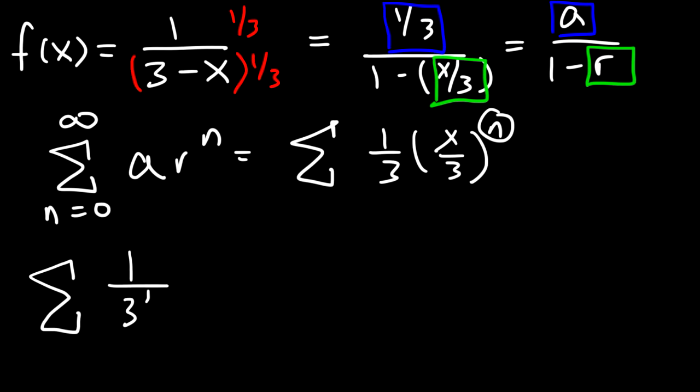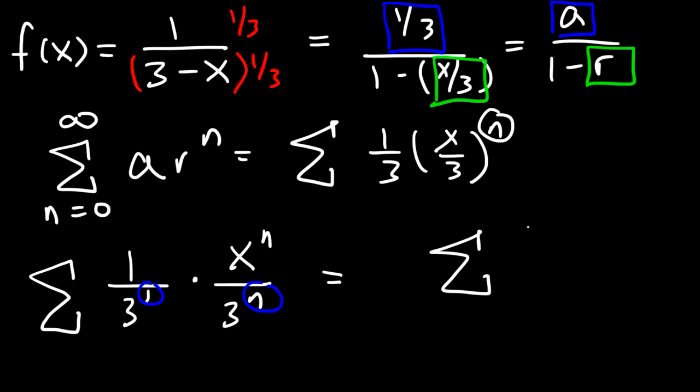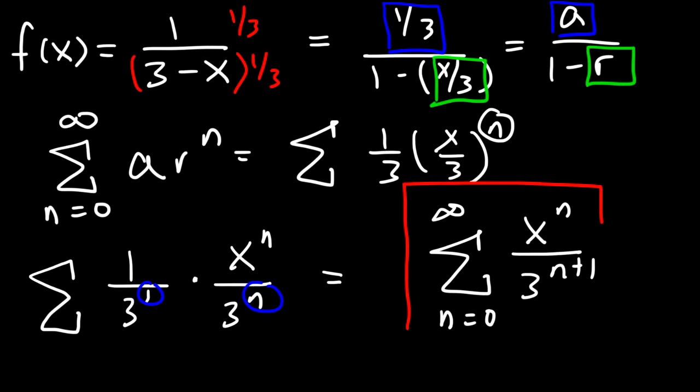And now let's distribute the exponent. So this is x to the n divided by 3 to the n. And now we can combine these two into a single number. So let's add the exponents, 1 plus n. So this is going to give us the power series, x to the n divided by 3 to the n plus 1, from 0 to infinity. So this is the answer.